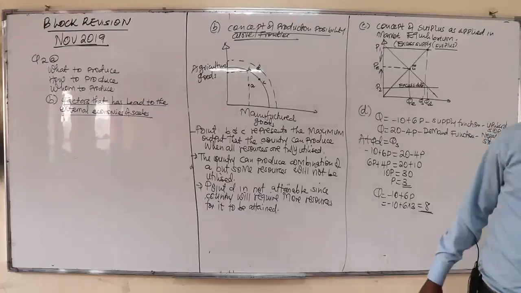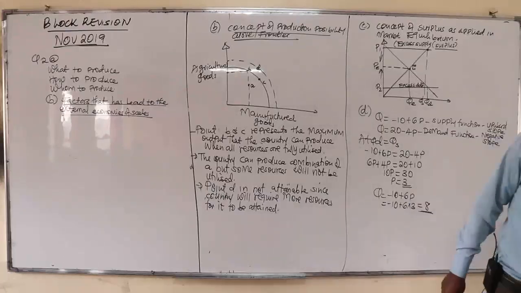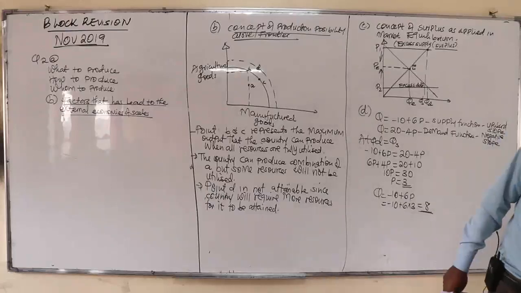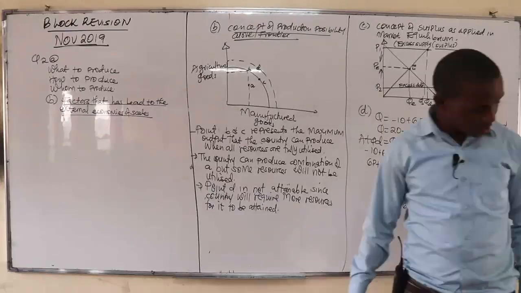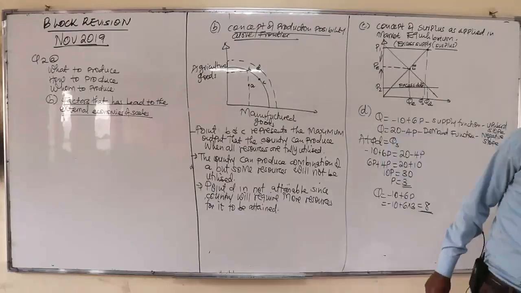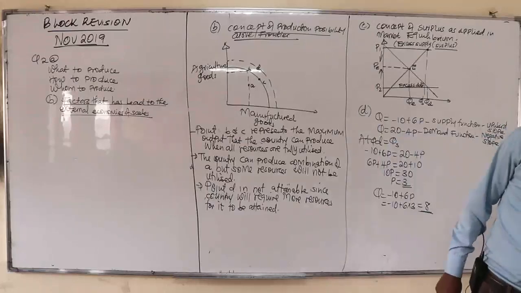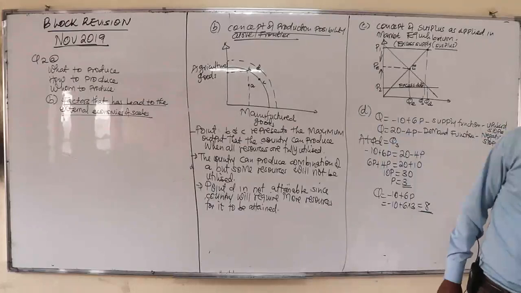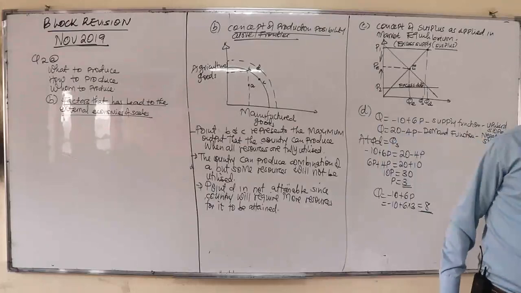The factors that will lead to the external economies of scale: one is the localization of industries. The other one is also economies of information.